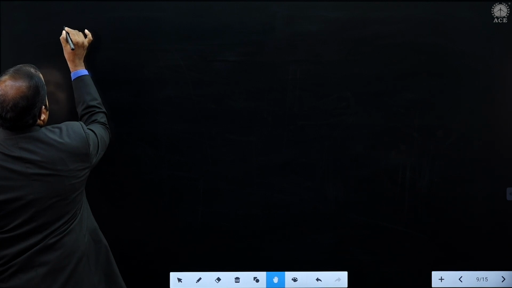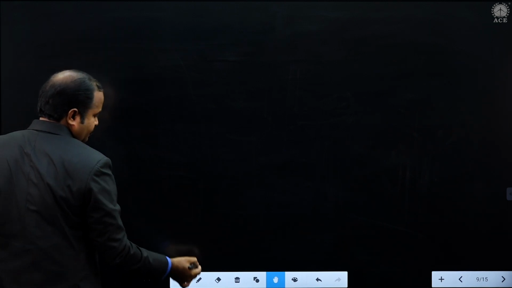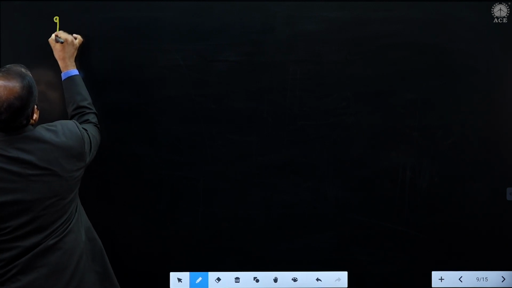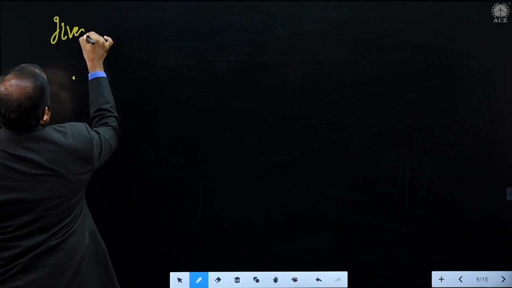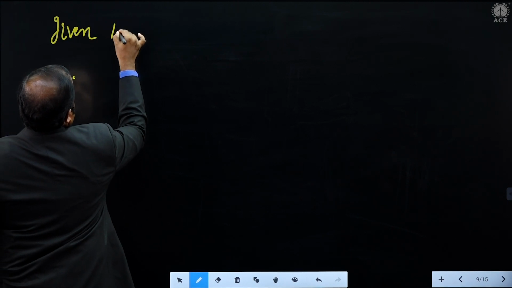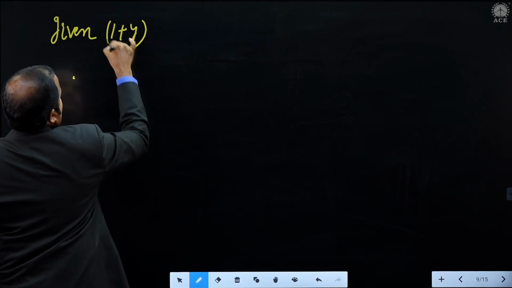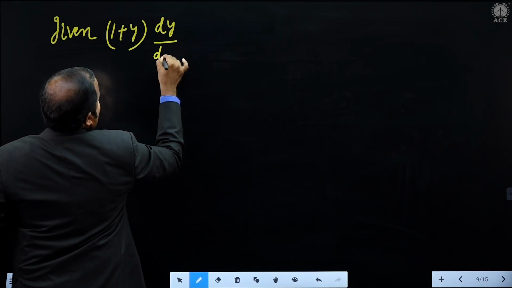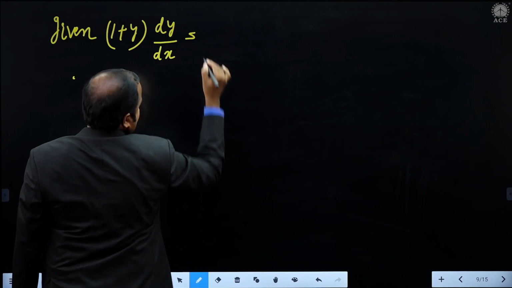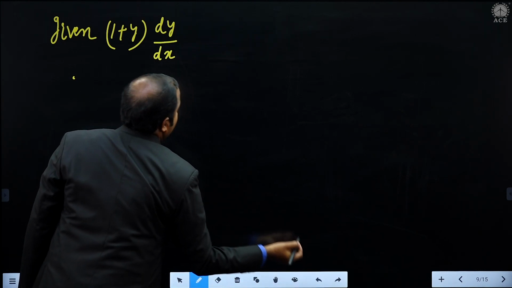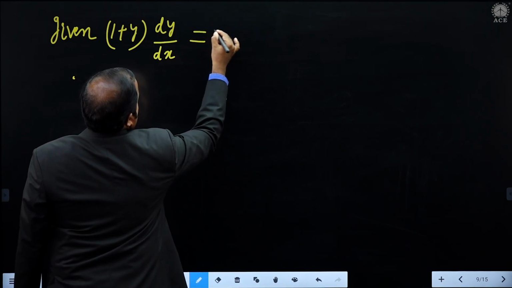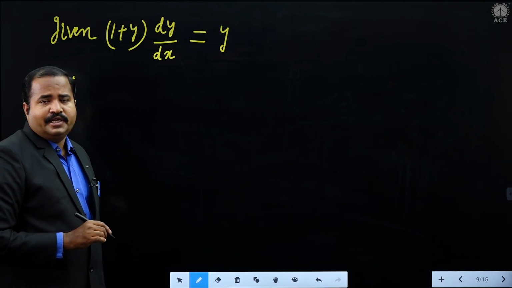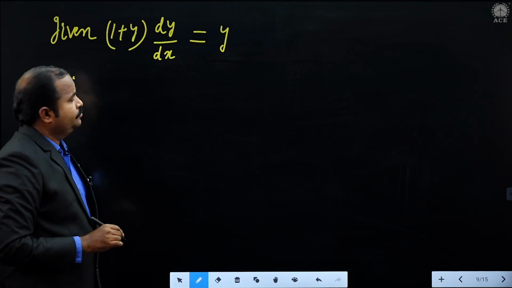given DE is (1 plus y) dy by dx equal to y. So it is a first order DE.